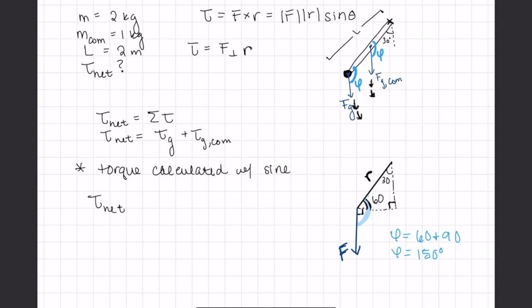So tau net, for torque due to the mass at the end, our force is F_g, our distance is the length of the rod, and now I'll just write sine phi because we've already found it. For our torque due to the force of gravity from the center of mass, that'll be our F_g COM. The distance that force is located from the pivot point is going to be half the length, so L over 2, and then that is the same sine phi.